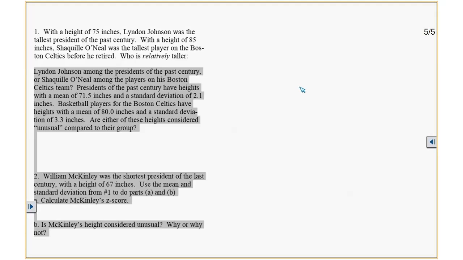So, is Shaq a little fish in a big pond or a big fish in a little pond? And is LBJ a big fish in a little pond or a little fish in a big pond? Well, LBJ is a big fish in a little pond. Shaq is a little fish in a big pond. Why? That's not rhetorical, I'm asking you.